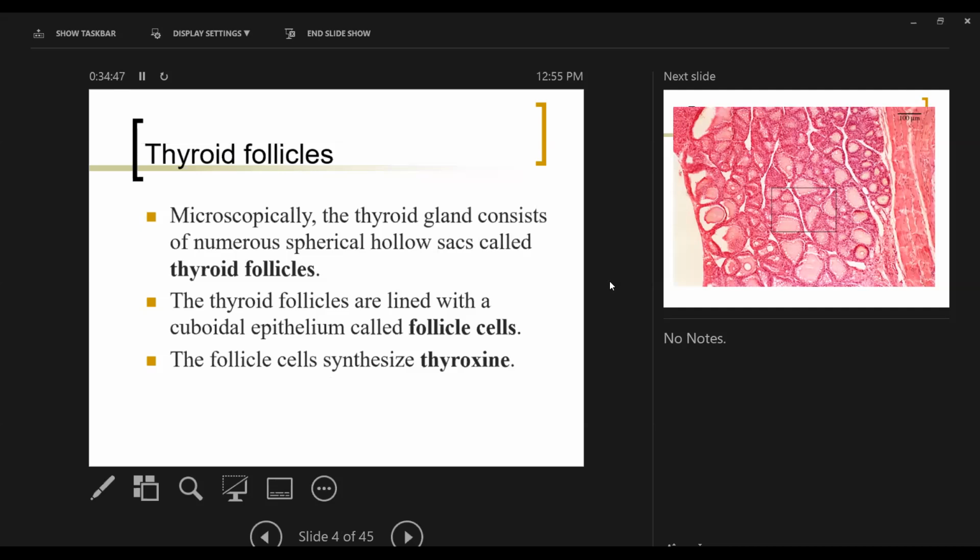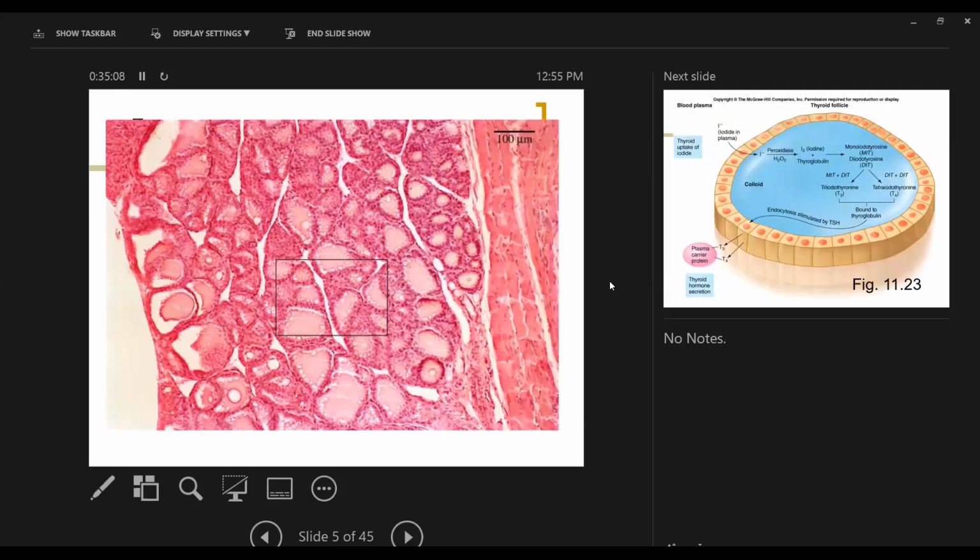Now the spheres, it turns out, are hollow-ish, because there are no cells inside. Instead, there is a colloid material made by the follicle cells. And the follicle cells make thyroxine, the thyroid hormone. And so here, the color on that is just horrific.